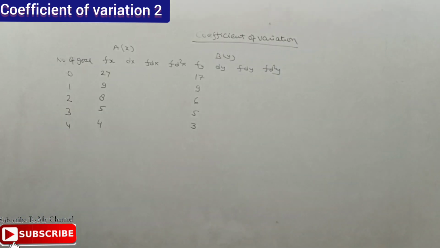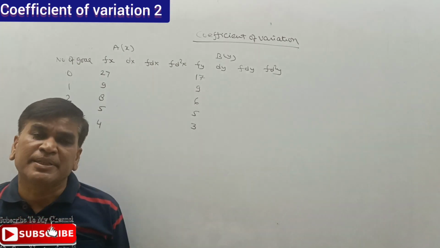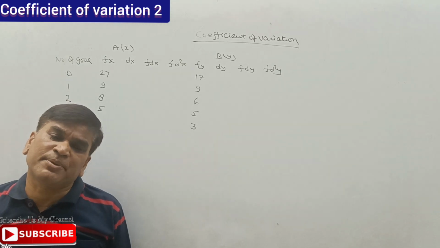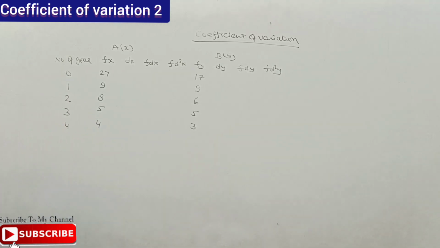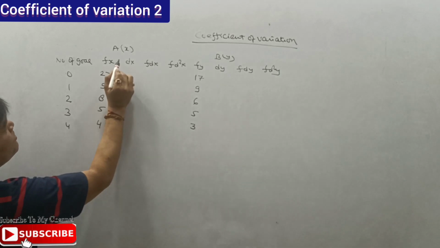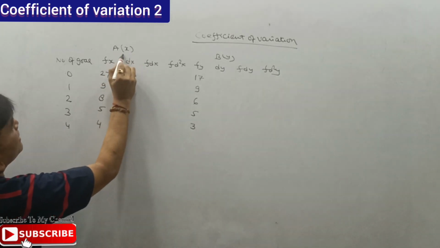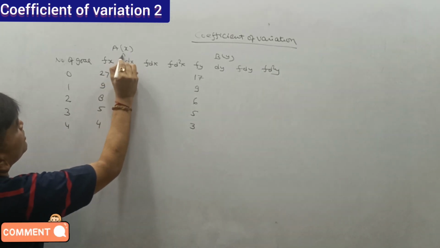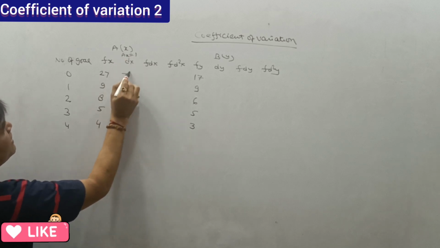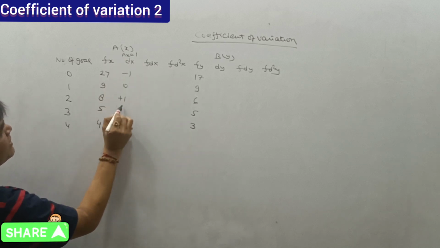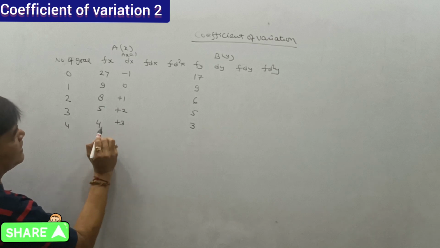Here we use the assumed mean method, because if we use the direct method there will be percentages. So I am using the assumed mean method. Suppose our assumed mean of x is 1, then the deviations are minus 1, 0, plus 1, plus 2, plus 3.